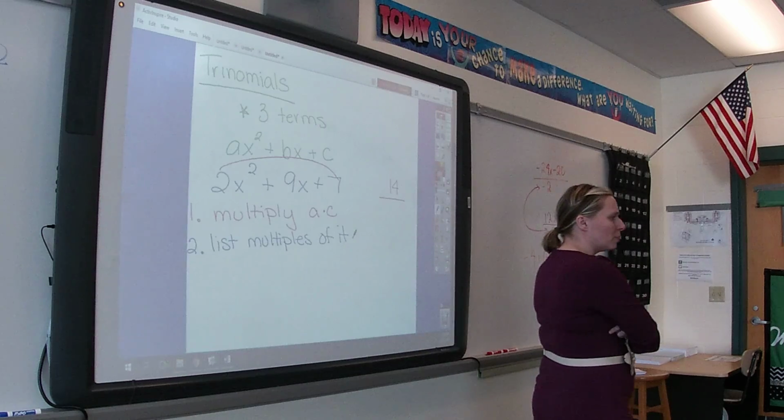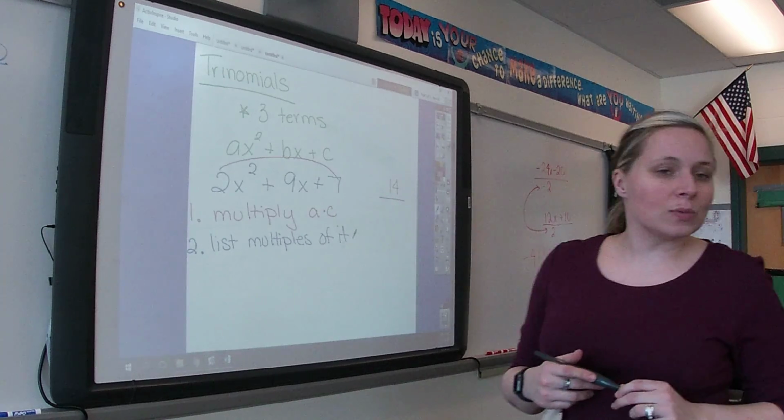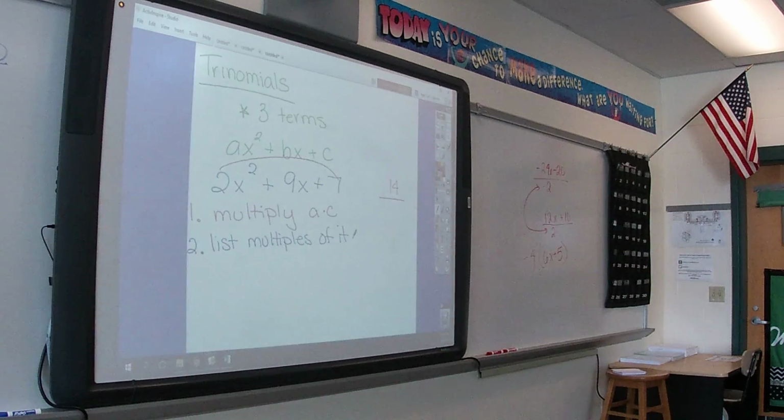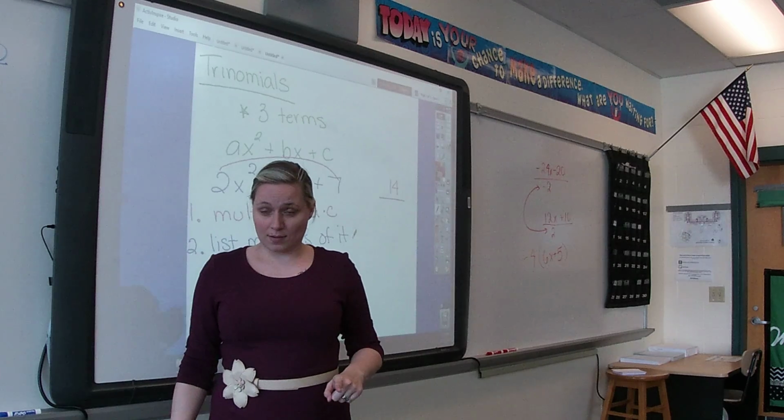What does the word multiples mean? We can have multiple babies in a birth, but this is a math term. In the math term, what does multiples mean? Is it like what times what can equal something? Yep, so we want two numbers multiplied together that will give us 14.